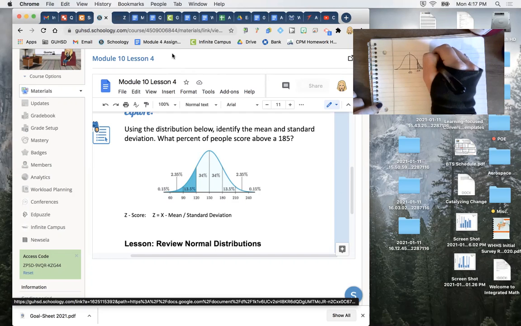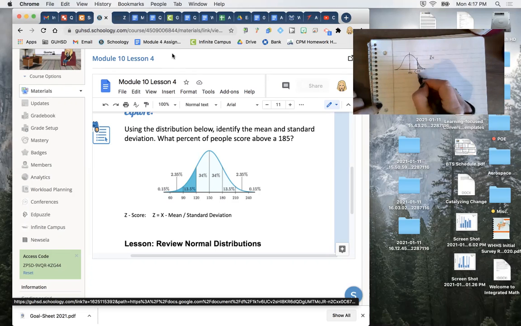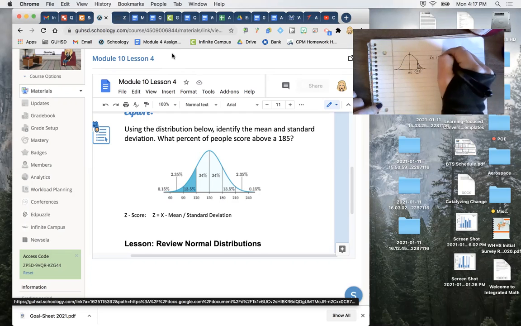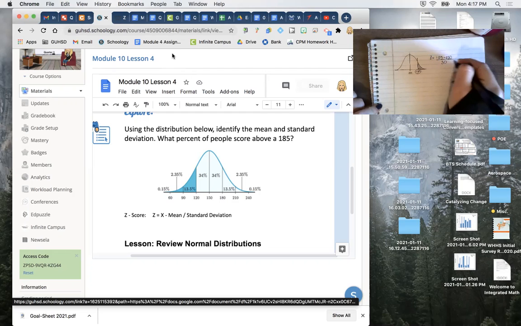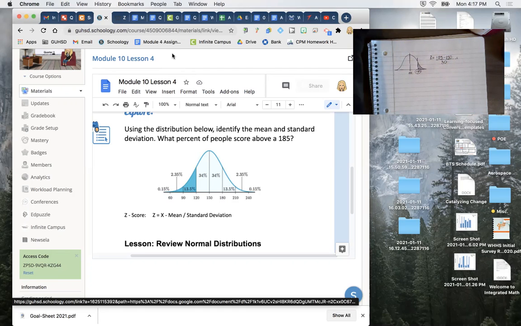And now I'm going to calculate the z-score. So my z is equal to the value that I care about, 185, minus the mean. The distance from the mean is essentially what that is. This is going to be 35 above the mean, over the standard deviation, so I can figure out the z-score, how many standard deviations away it is. So I have 185 minus 150.